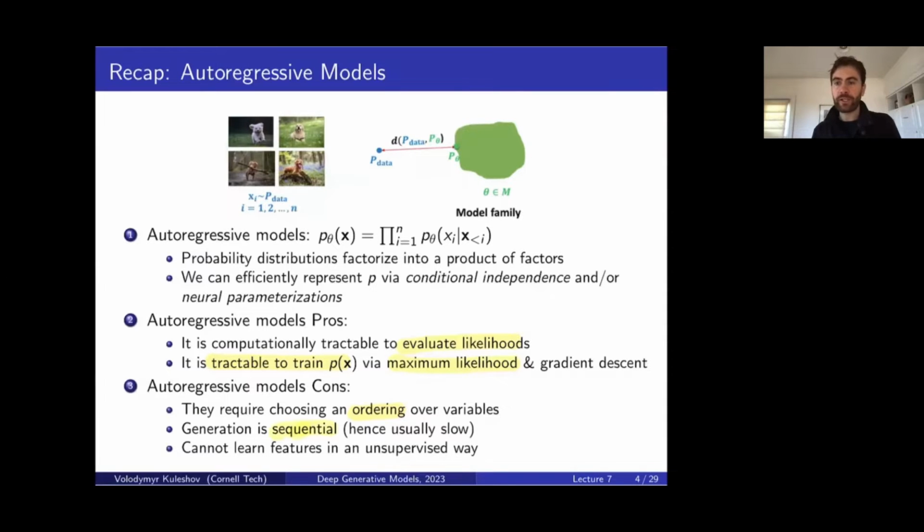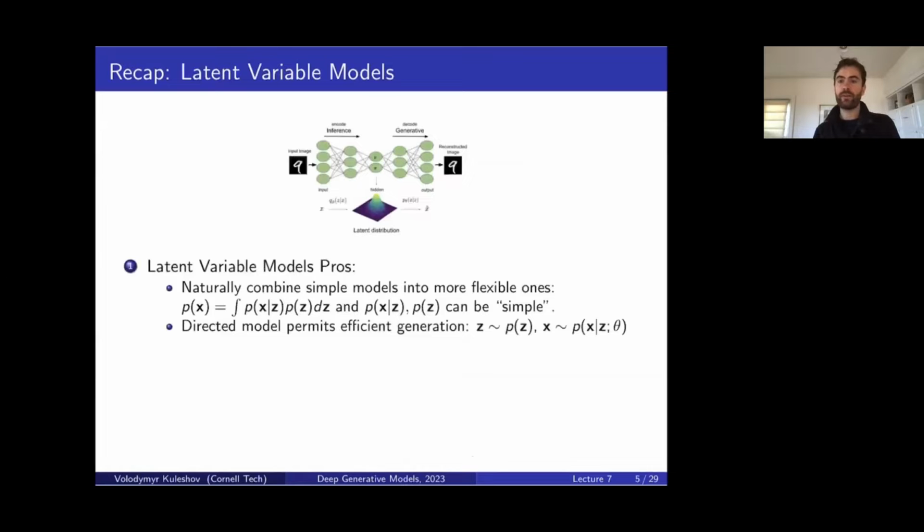And finally, the third and maybe one of the biggest disadvantages of autoregressive models is that there aren't any latent variables in these models. So there's no natural way of doing unsupervised representation learning, which is a key task in generative modeling. To address this last limitation, we looked at latent variable models last week, in which we introduce an additional variable z, our latent variable.